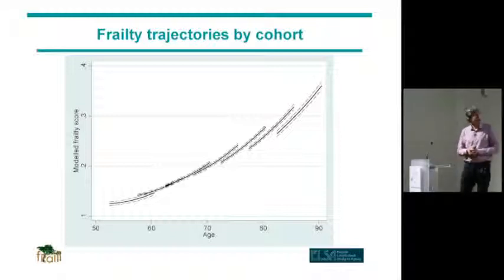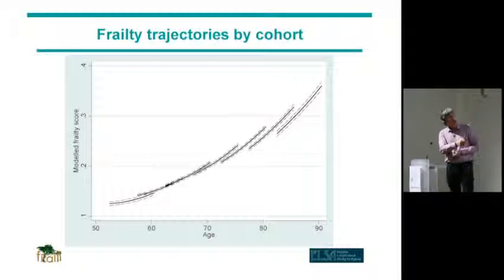And what this slide shows are two broad things. First, if you look here at these three lines, at a particular age point, frailty in the more recent cohorts is higher than frailty in the older cohorts. So this is a worrying finding.